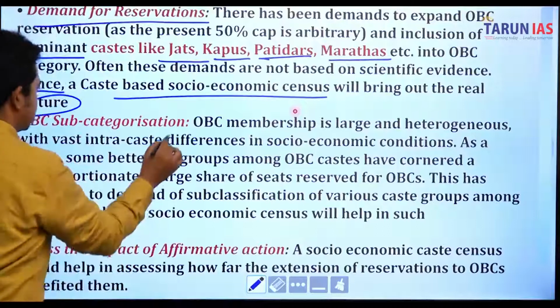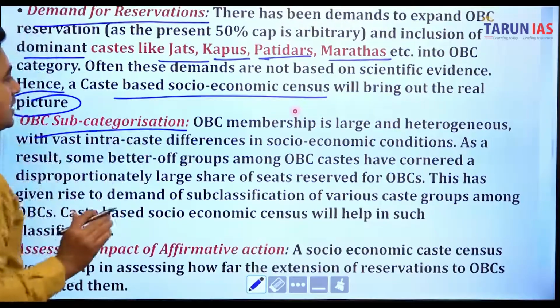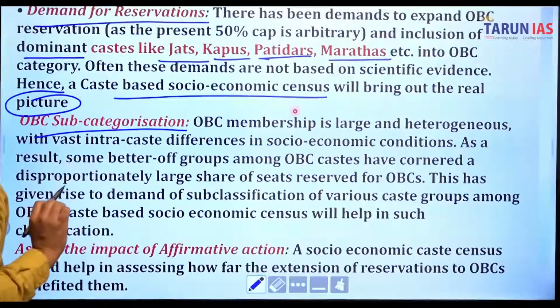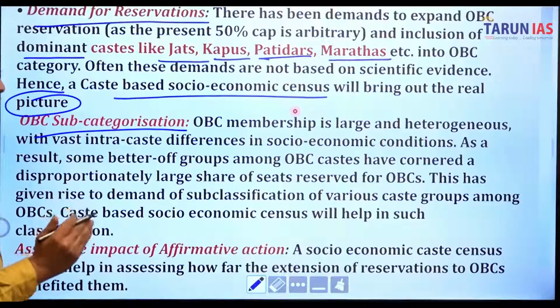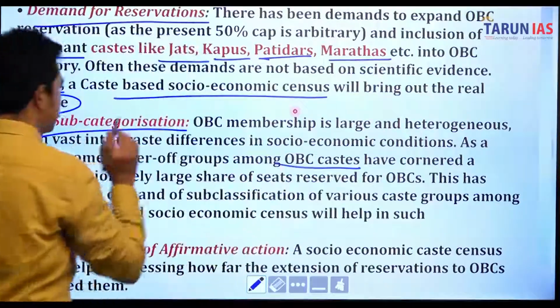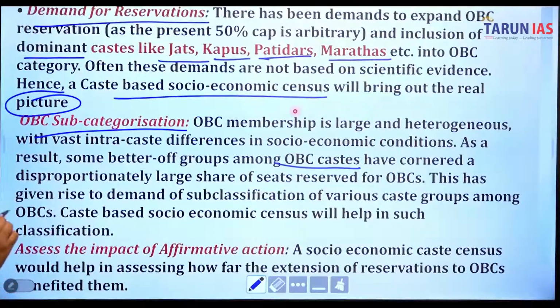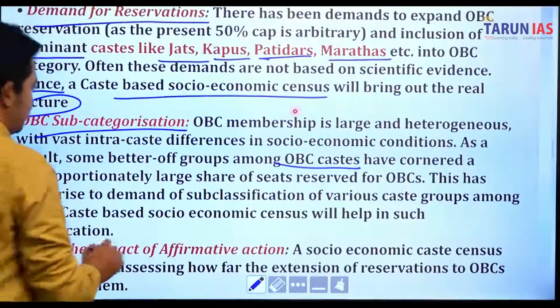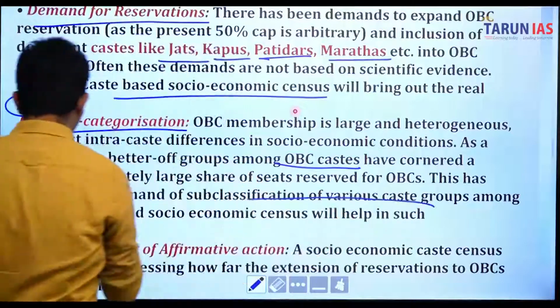On OBC subcategorization: OBC membership is large and heterogeneous, with vast intra-caste differences in socio-economic condition. As a result, some better-off groups among OBC castes have cornered a disproportionately large share of seats reserved for OBC. This has given rise to a demand for subclassification of the various caste groups among OBC.